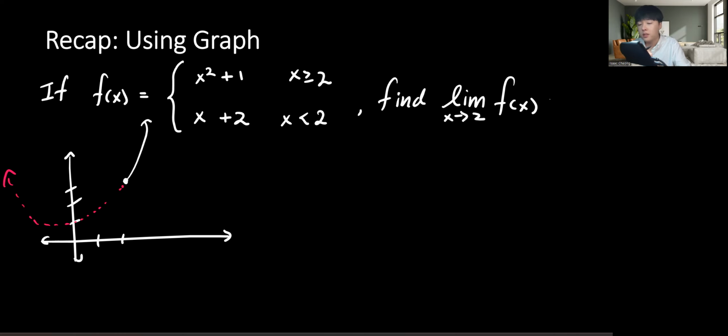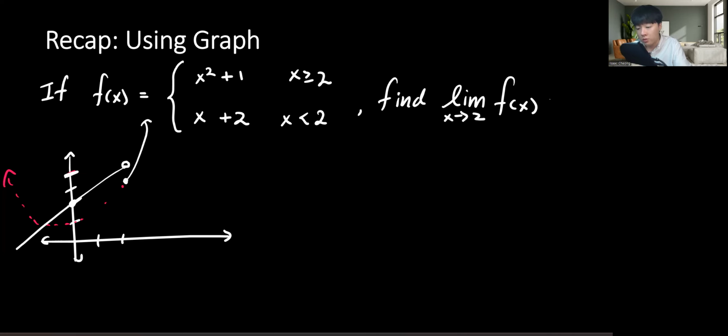And then when x is less than 2, your function has to be x plus 2. So you can observe that when x equals 2, it should be 4 with an open circle, and it should be crossing this 2.